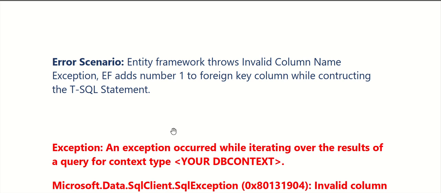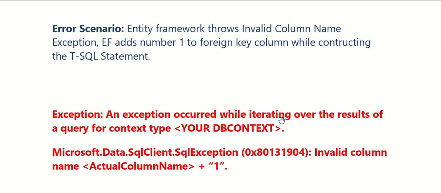Okay. So usually you will be puzzled and think how this could happen, but the root cause lies in how you are configuring your relationships using the Entity Framework library.